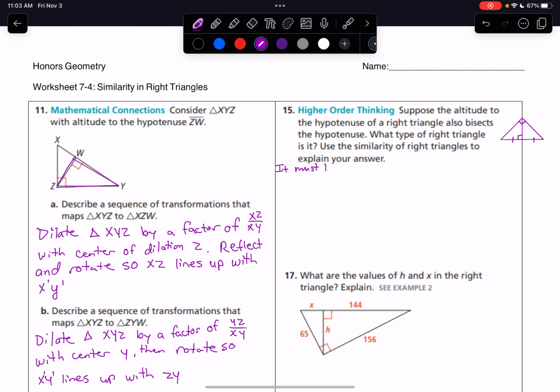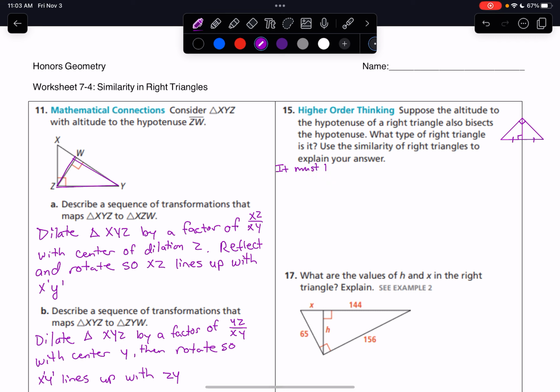Because if I multiply this times this and take the square root, essentially I'm taking an x and an x. If I do x times x, I get x squared. And if I take the square root of x squared, I just get x. So this piece right there is going to be x as well.